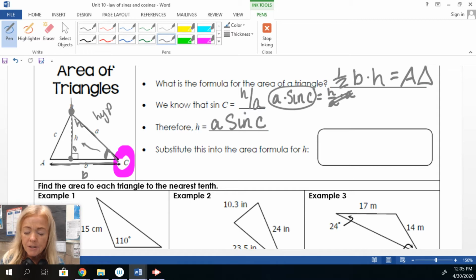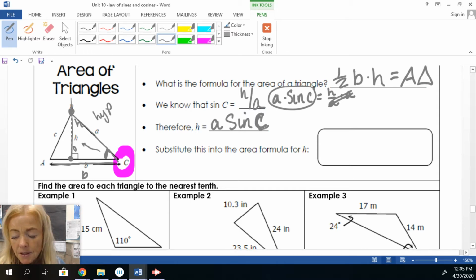The sine function will work just as well. And remember, this is the angle C, so as long as we have that angle, the sine function can help us when we're finding an area of a triangle.